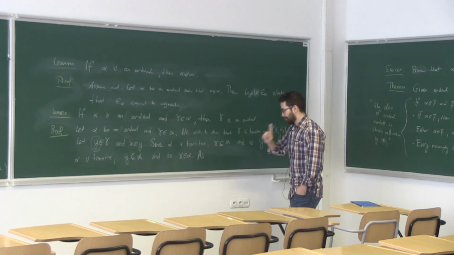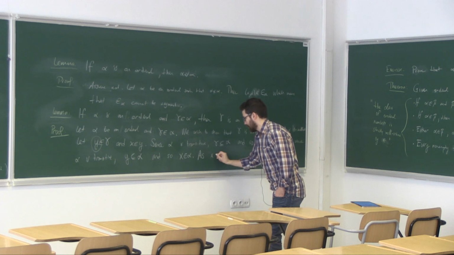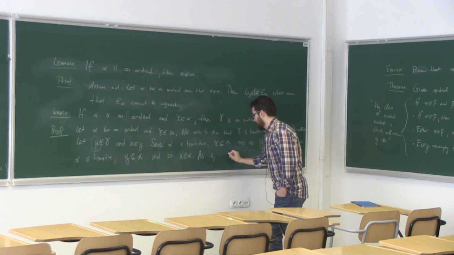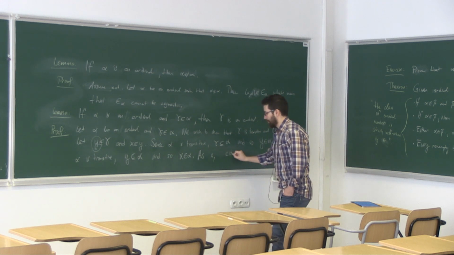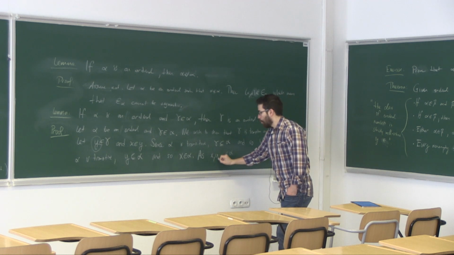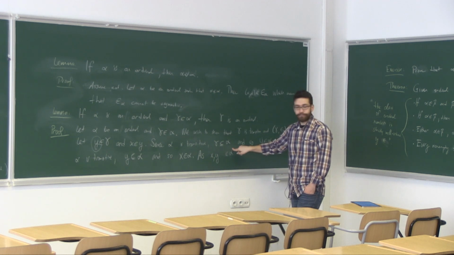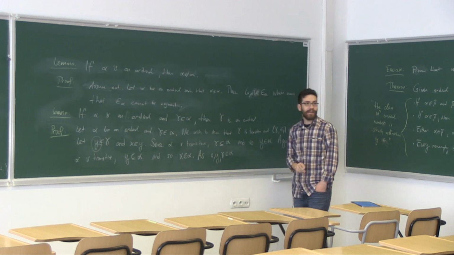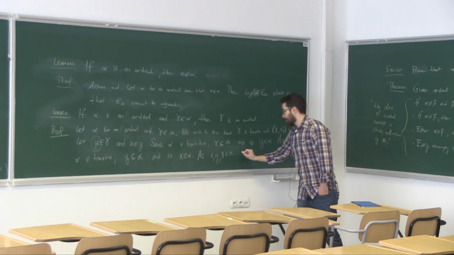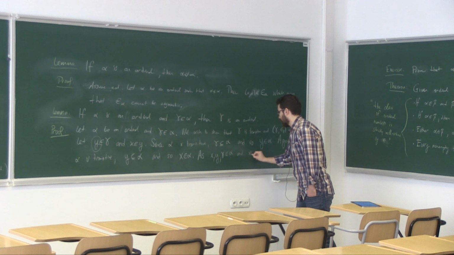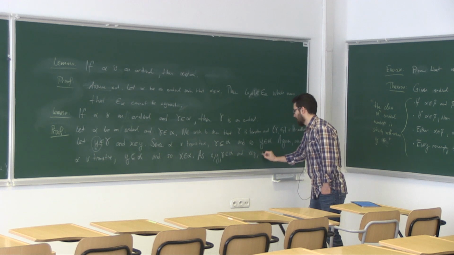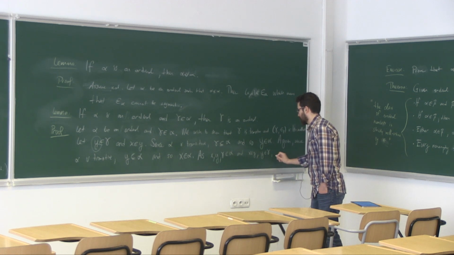Let's look at this. X is in alpha. Y is in alpha. Gamma is in alpha. And X is in Y and Y is in gamma.